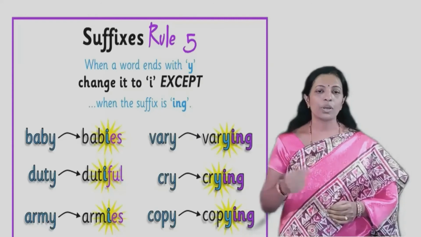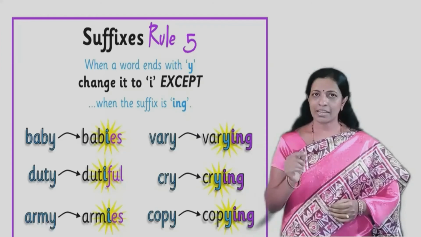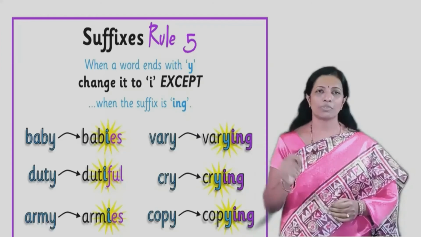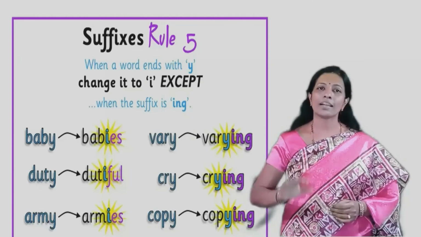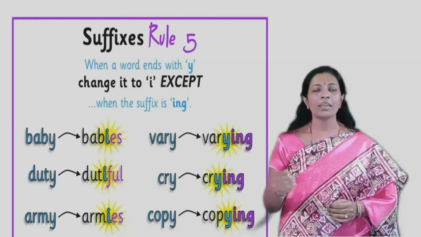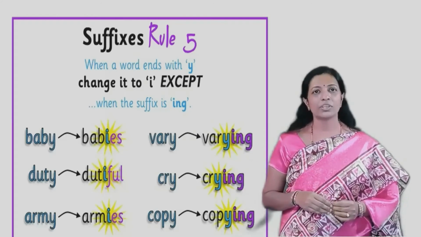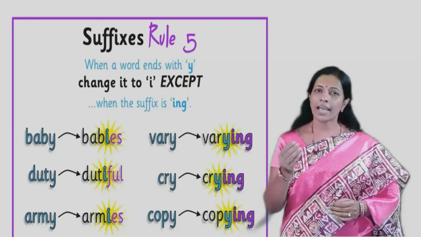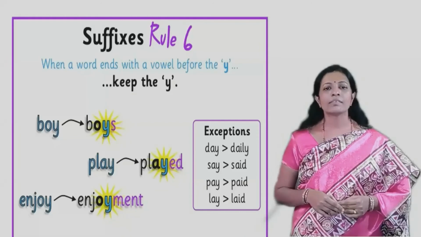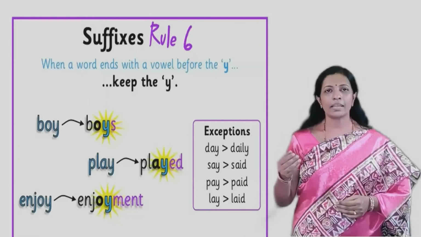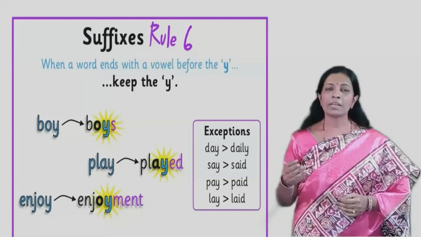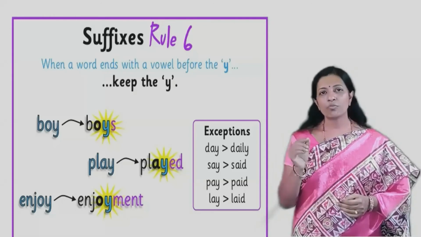But there is an exception to this rule. When we add the suffix ing to such a word, then the Y continues to remain the same. For example, cry, C-R-Y. When we add the suffix ing to it, it becomes crying, and the letter Y is retained. Another common rule is that when you are adding a suffix to a word which ends with Y but is preceded by a vowel.